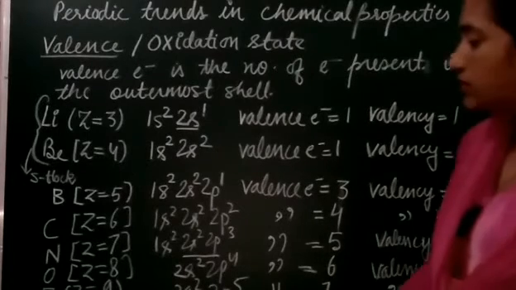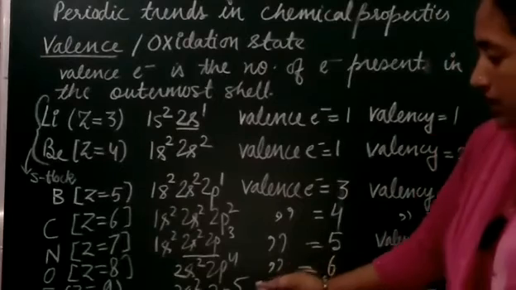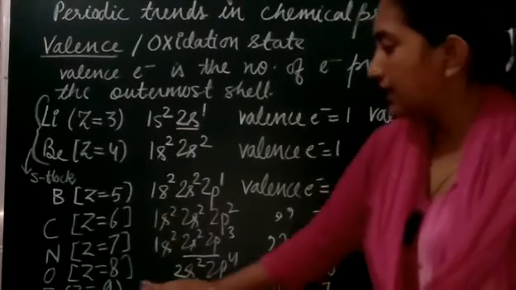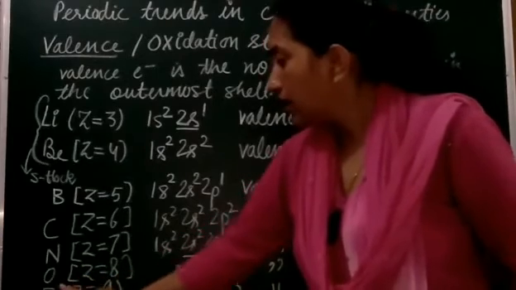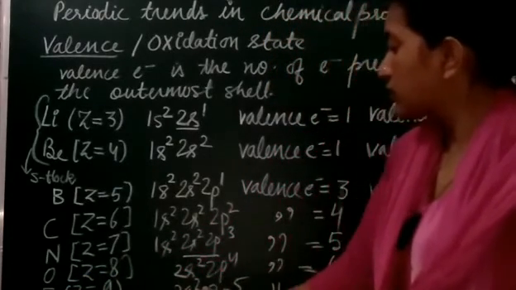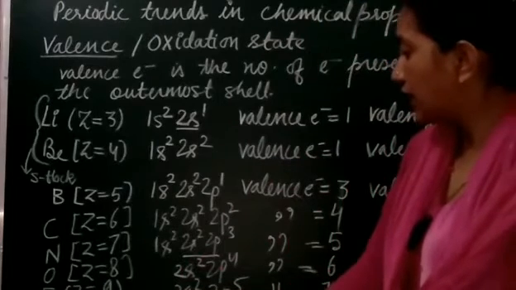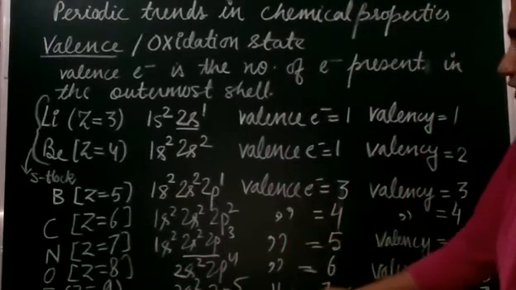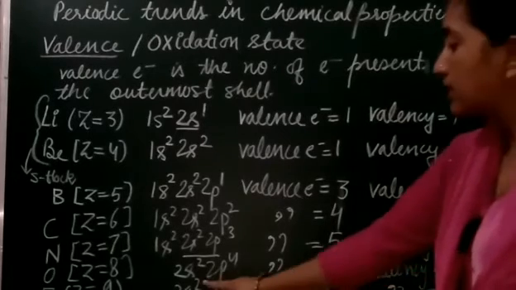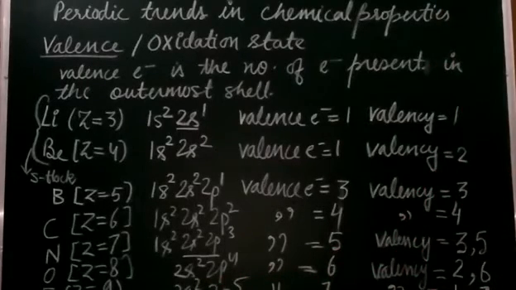The last line may not be visible to you, so I am telling it again. At the last, I have written fluorine, then atomic number Z equals 9 within the bracket. Then it is 2s2, 2p5, its valence electronic configuration. From there we have written the valence electrons available, that will be 2 plus 5, 7. And then the valency, that is 1, right? 8 minus 7, 1.